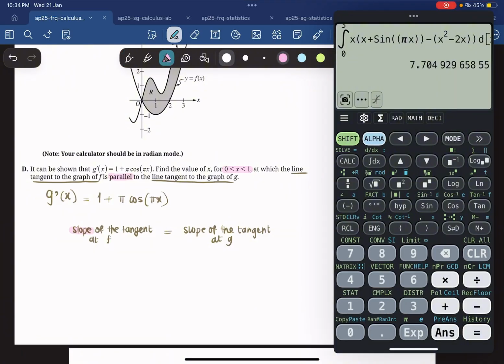So the slopes are equal. When you say we have two parallel lines, it means their slopes are equal. The slope here is just the derivative, right? So f prime of x equals g prime of x.